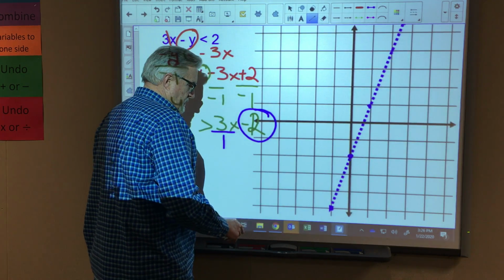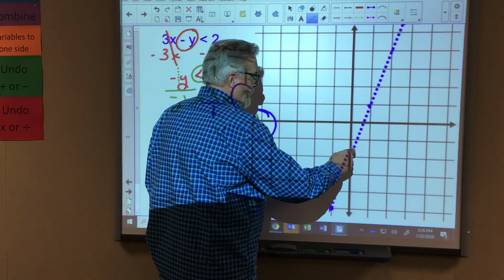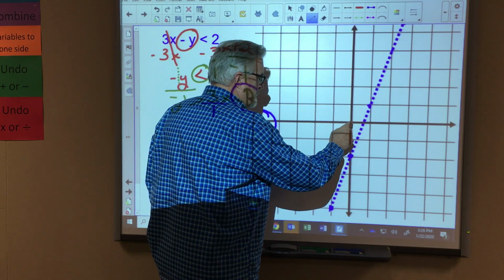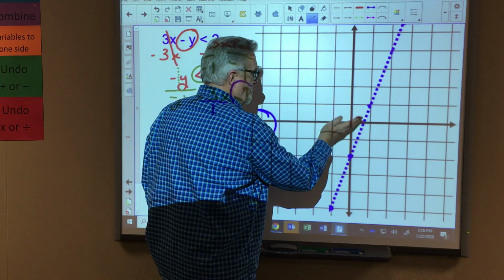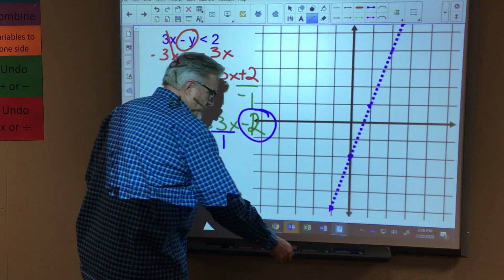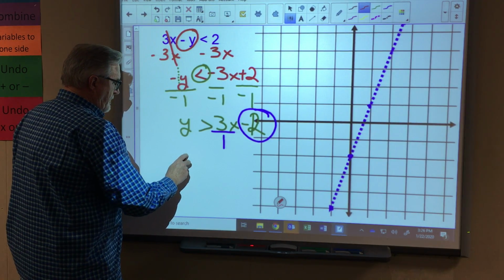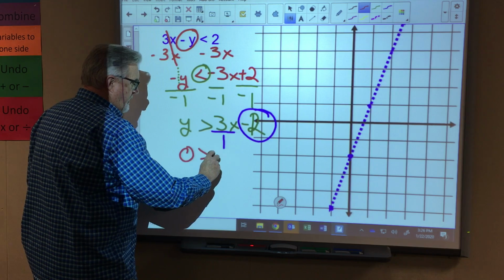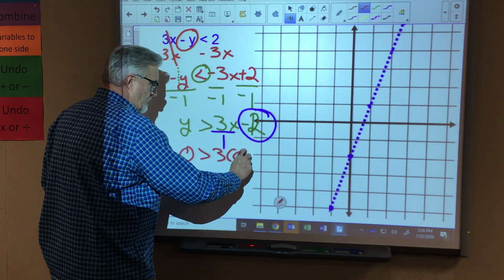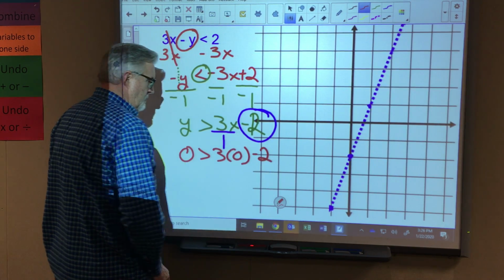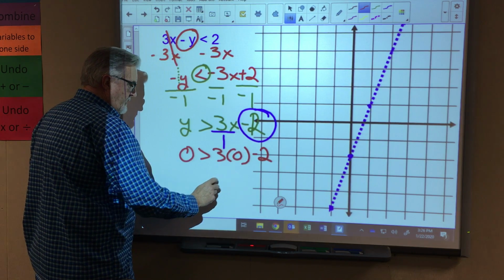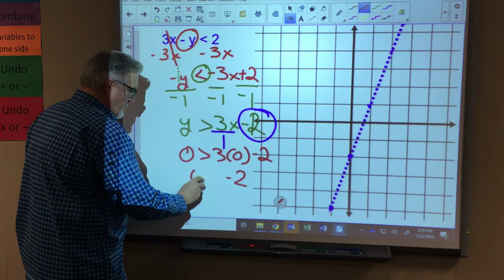Something that I always do is I find a point, I plug 0, 0 in, which I think is above the boundary. But if I plug 0, 0 into my inequality here, that would be 0 is greater than 3 times 0 minus 2. Well, 3 times 0 is 0, minus 2 is negative 2.